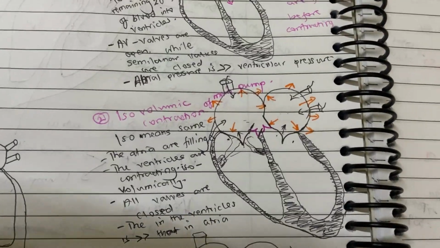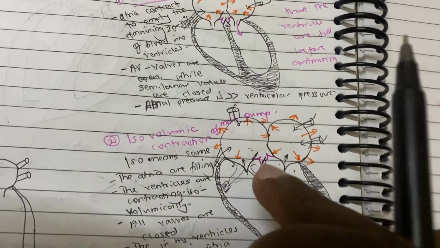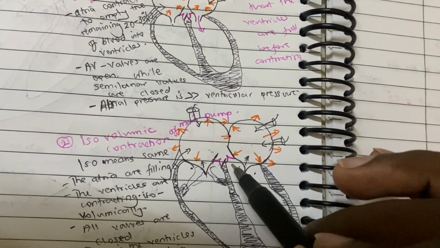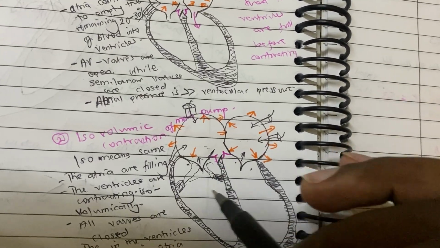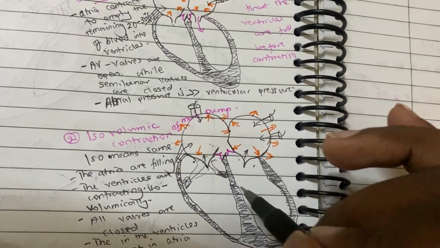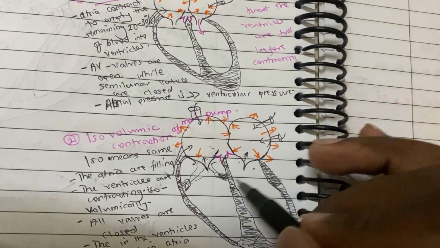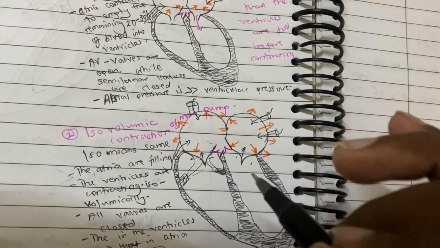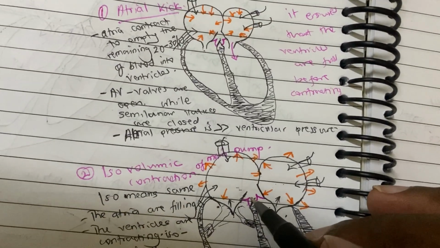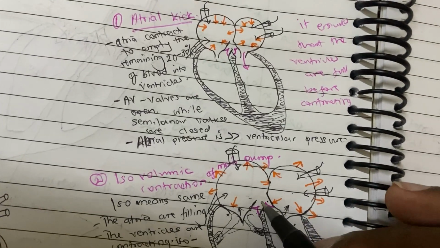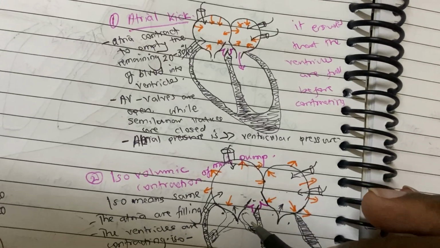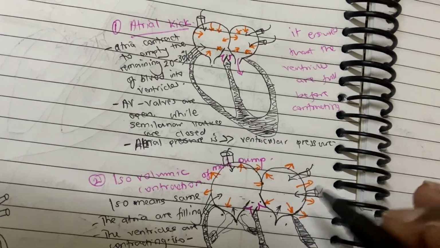Now, what happens at the level of semilunar valves? The semilunar valves, that is aortic valve and the pulmonic valve, they are still closed. Why? Because the aortic pressure and the pulmonary artery pressure are still more than the pressure in the ventricles. The aortic pressure and the pulmonary artery pressure are higher than that in the ventricles.